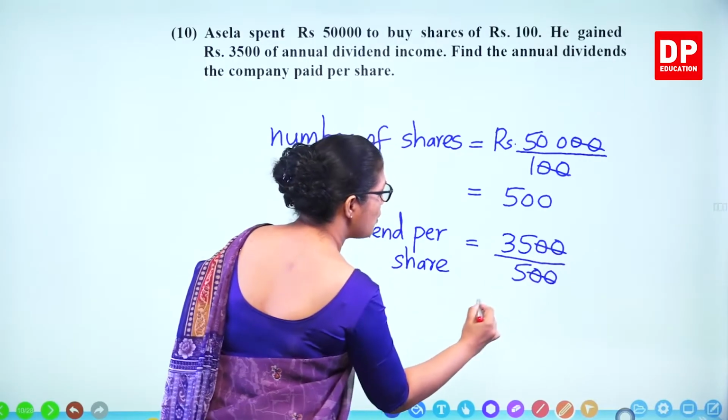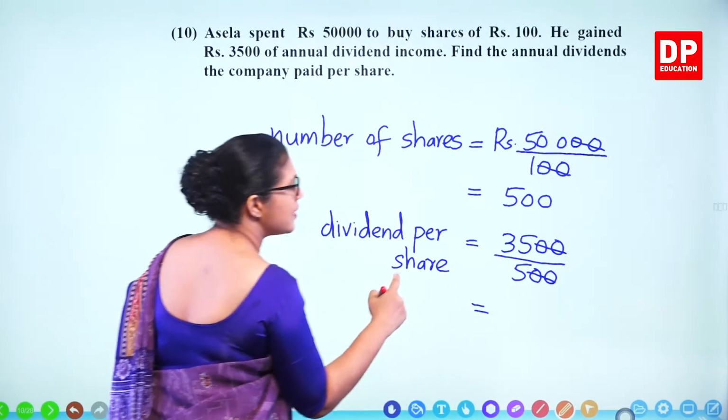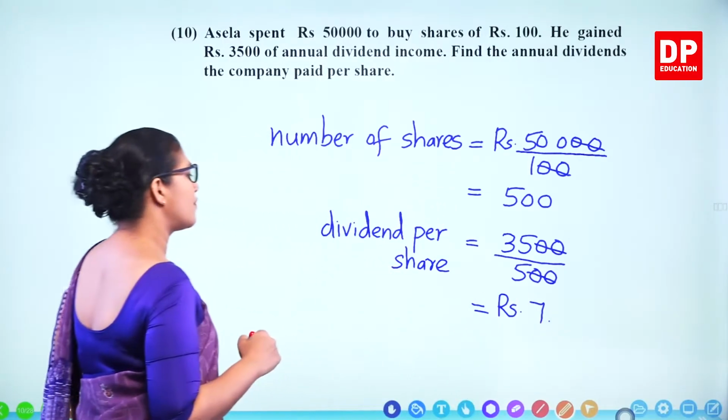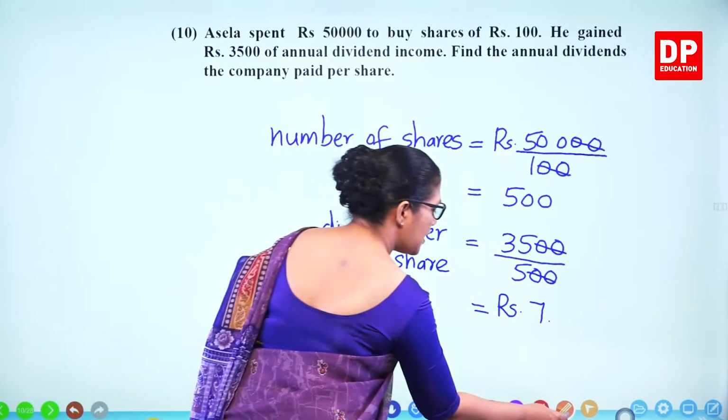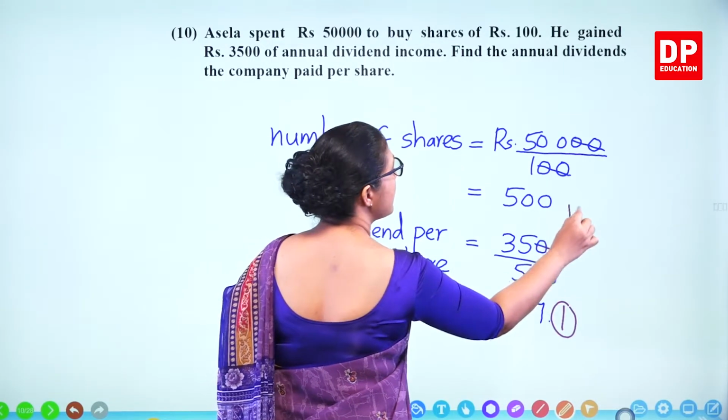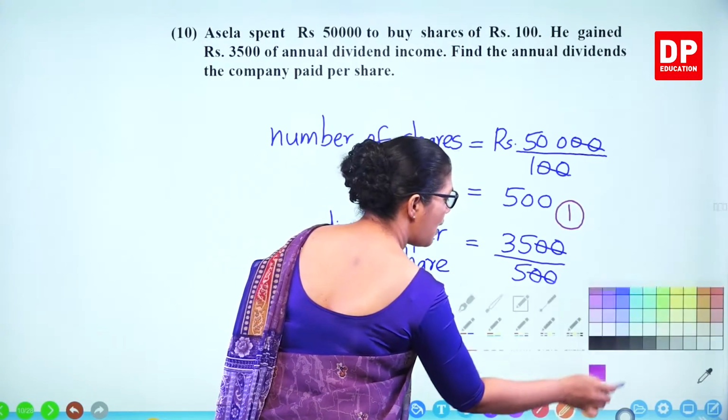So 2 zeros cancel, 5 and 35, that's 7 rupees. So 7 rupees is the dividend per share. So 2 marks, 1 mark for the correct answer and 1 mark for the method.